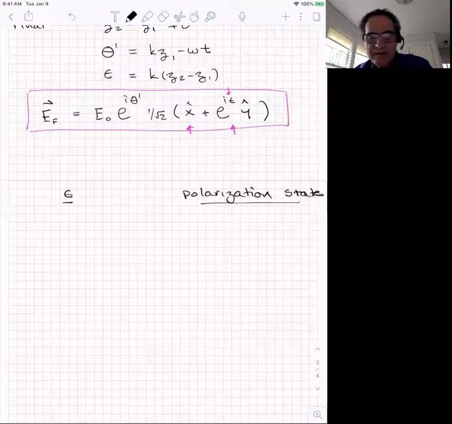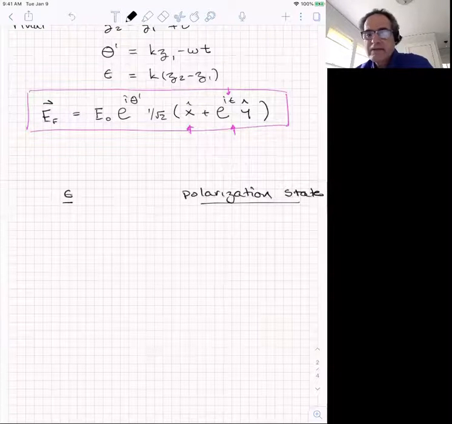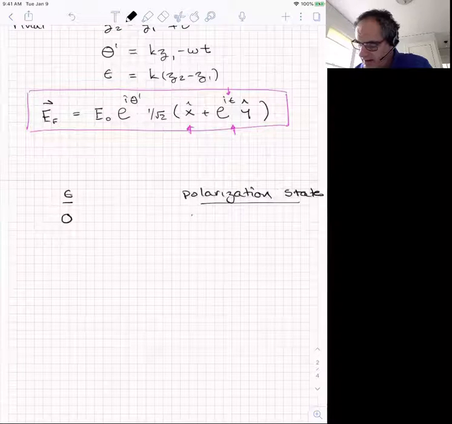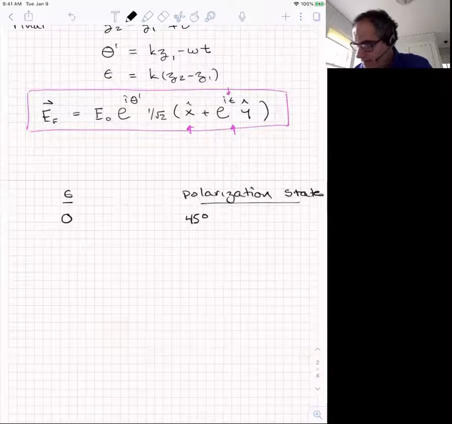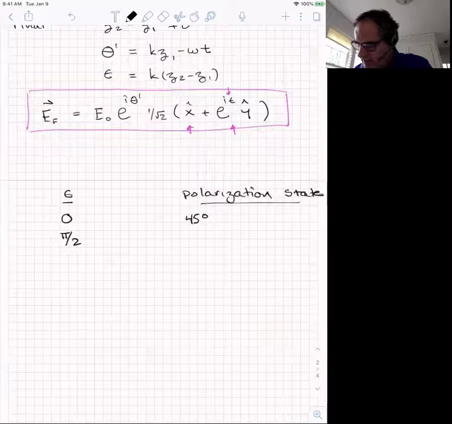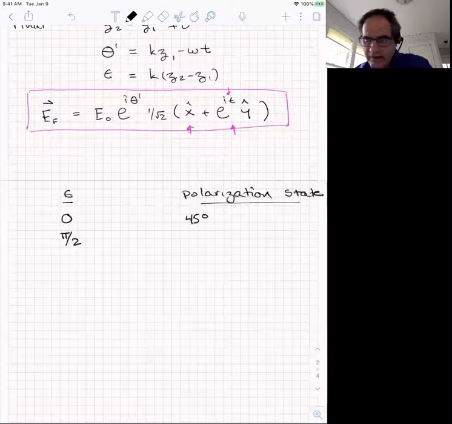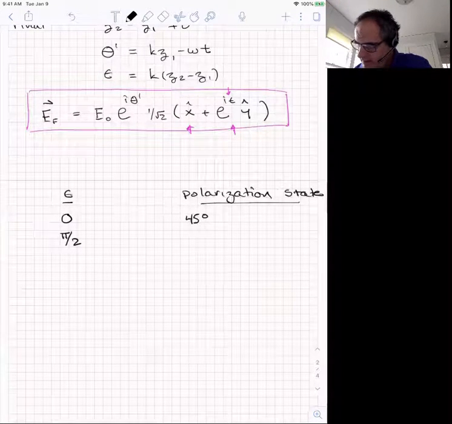Now we can remember back to our description of polarization states to understand what's going on. If epsilon is 0, then the polarization state will still be the initial state, 45 degrees. On the other hand, if epsilon were pi over 2, then the polarization state would be shifted. Now these would be out of phase by pi over 2, or 90 degrees, and the light would be left circularly polarized.